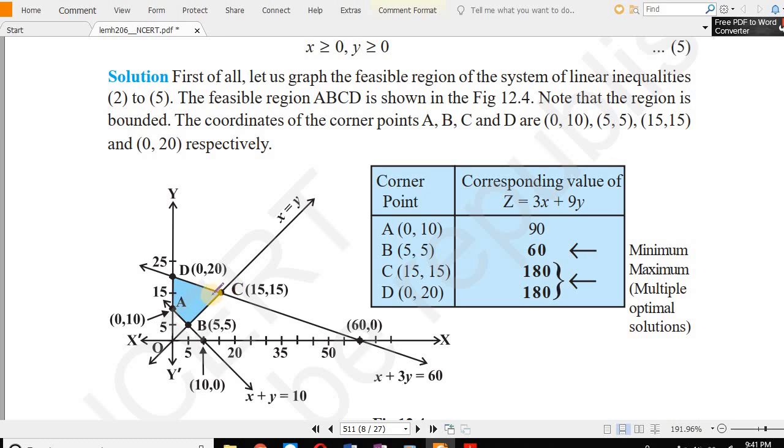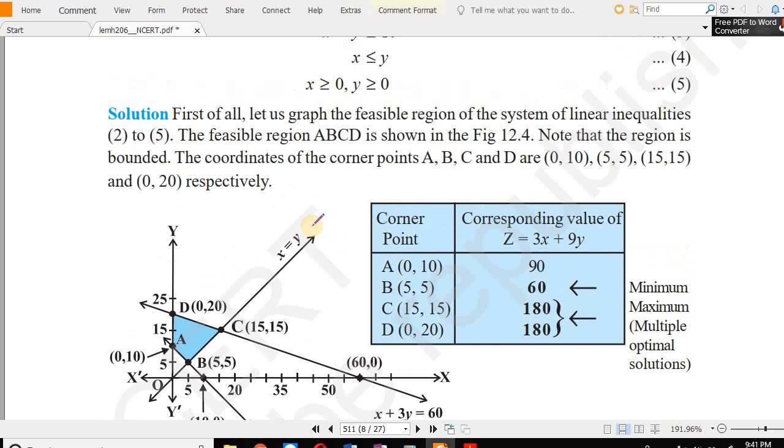Either you have a unique solution or you have an infinite number of solutions. If you have two corner points that are solutions, then any point between those two corner points is also an optimal solution. Now, why is it that in this case we have more than one optimal solution?